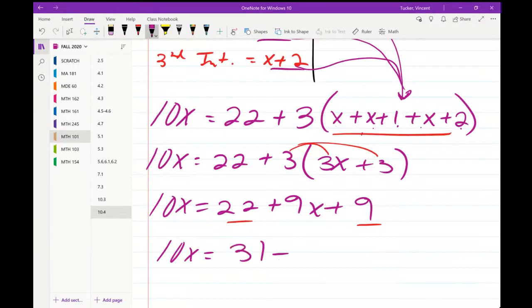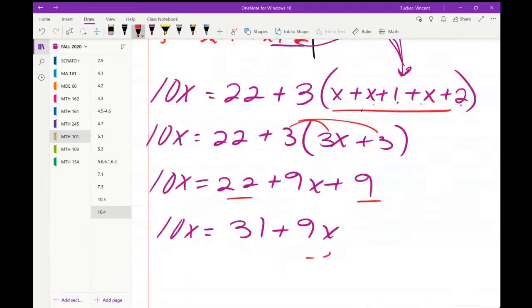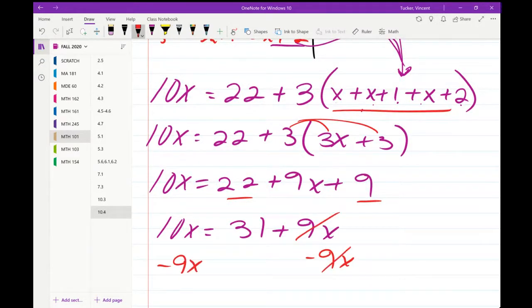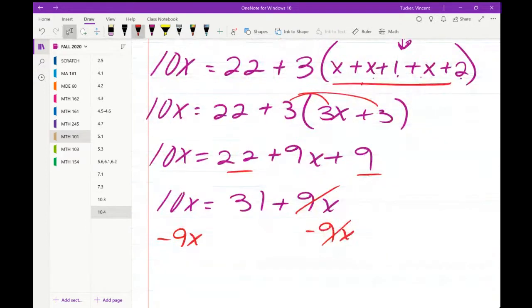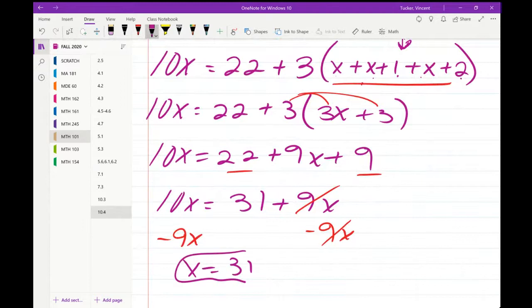It's 31. Then subtract 9x. x is equal to 31.